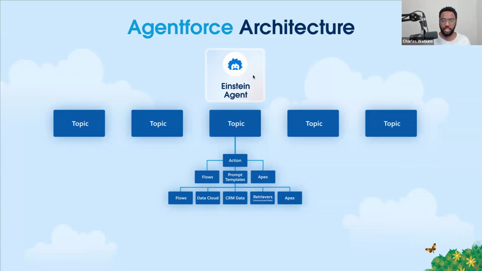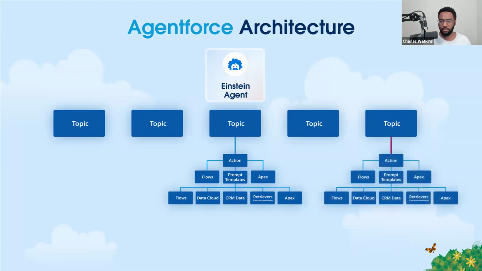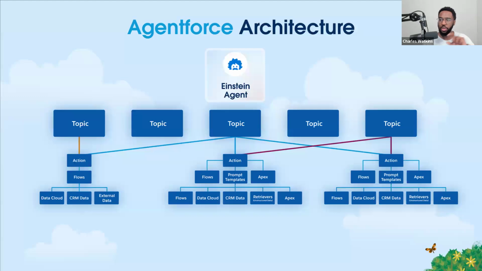And so you have an agent with a variety of different topics, a variety of different actions, which are themselves powered by a variety of different data sources. So you can see you have a variety of different topics. And as someone interacts with your Einstein agent, the agent will pick between different topics to find the right action to complete the task at hand.